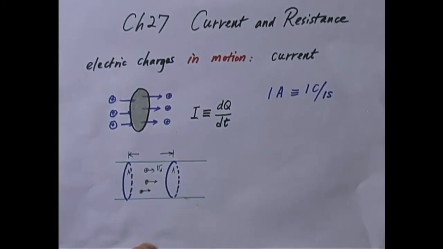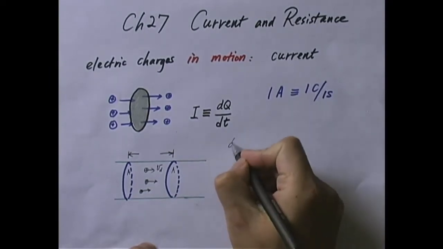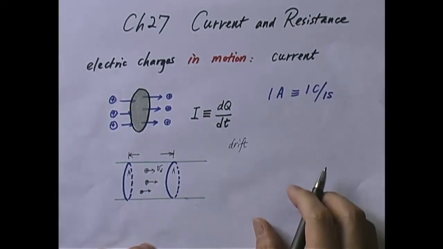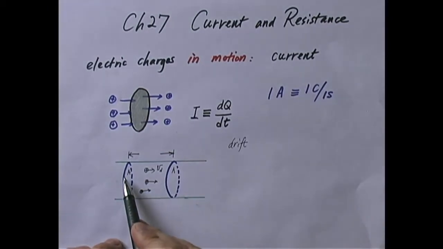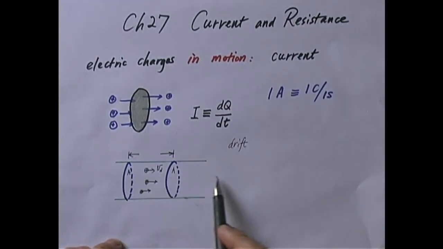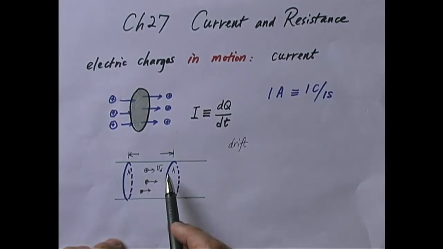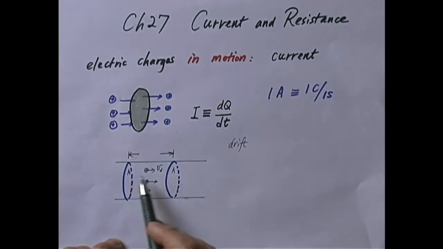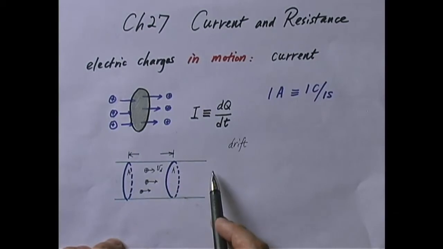For simplicity, let's assume that they all have the same drift velocity, Vd, D standing for drift. You know what the term drift means, right? It basically just moves from one place to another, in this case due to the presence of an electric field. They're drifting in this direction.